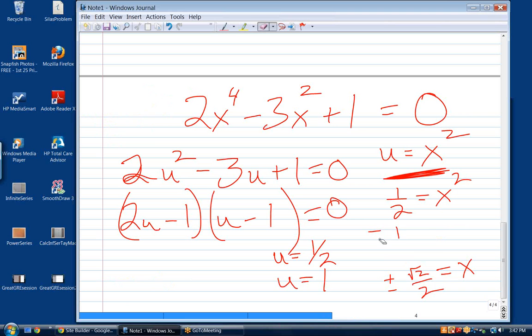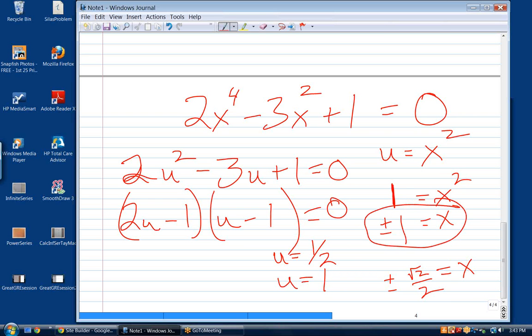Okay, so that's our 2 x values. How many solutions should we have to this polynomial? 4. Okay, so to get the other one, we're going to let u equal 1 and solve for x. Then you square root it, and then plus or minus 1, the square root of 1.